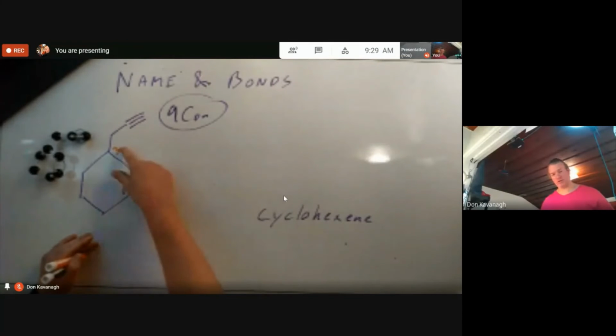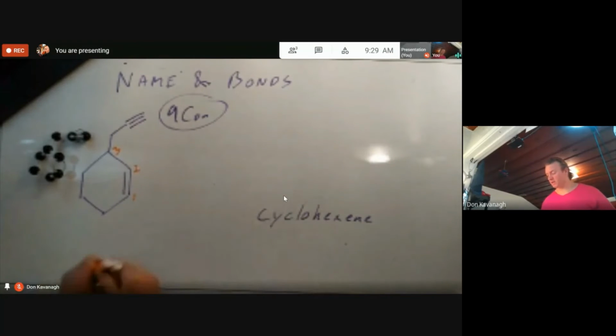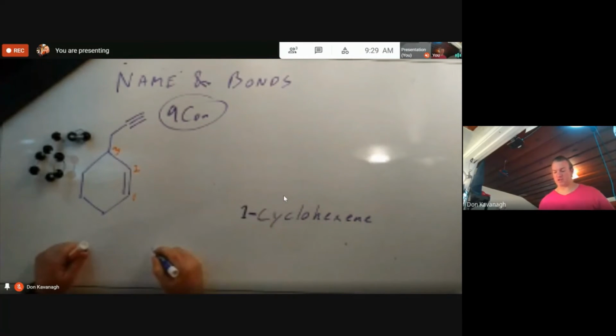We don't have to tell the reader that the double bond is on the 1. That's implied. I'm going to put it in there anyway: 1-cyclohexene, just for my own sake. There's nothing wrong with that. Now on the 3 location, there's this thing dangling off. Let's put a 3 right there to say that it's on the 3.